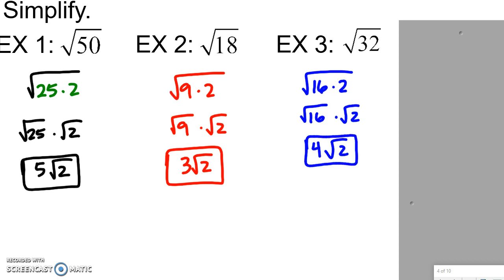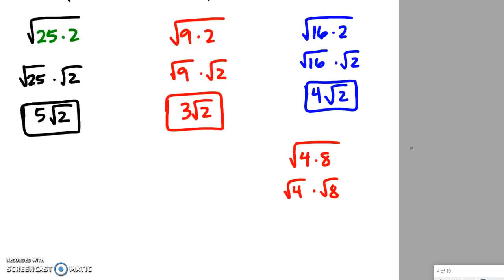Now, some of you might have thought 4 was a perfect square that goes into 32, which it does. So if you had written 32 as the square root of 4 times 8, and then you get 2 square root of 8. Well, that is equivalent, but that's not fully reduced, because 8 has a perfect square that goes into it. 4 can go into 8 as well.